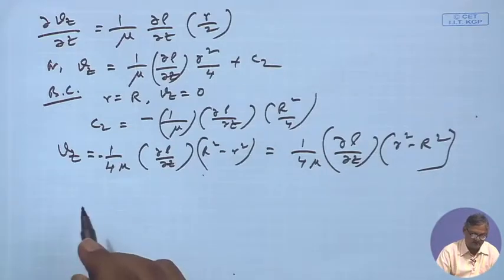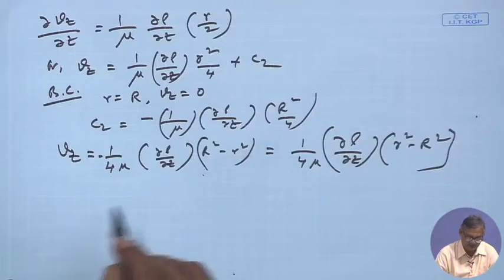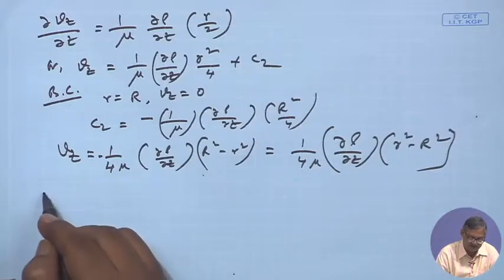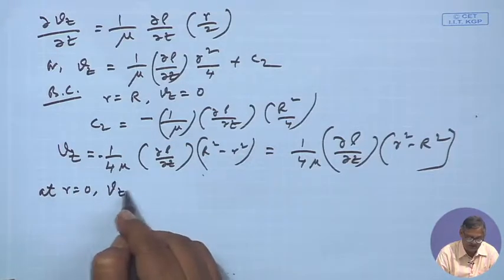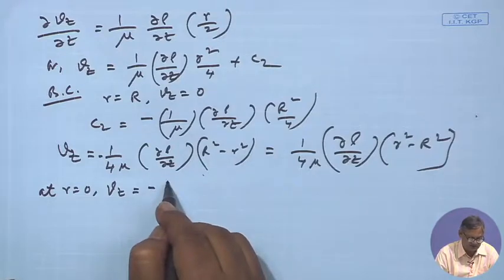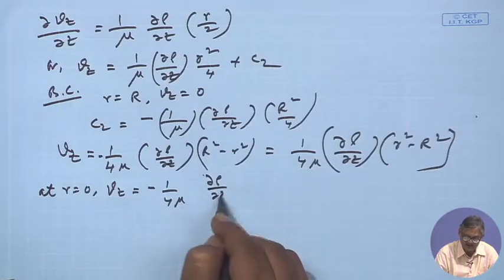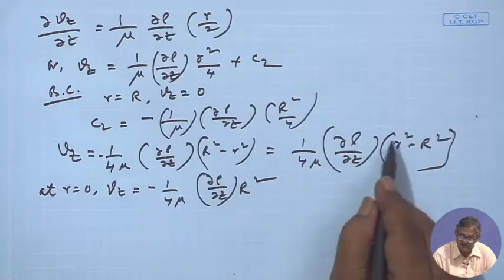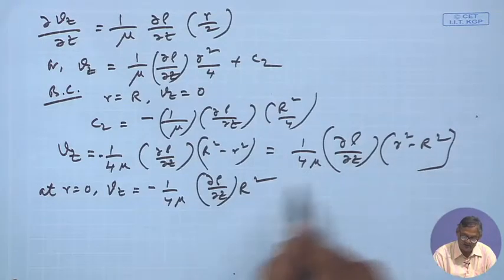So, at r = 0, we can write Vz is equal to minus (1/4μ)(∂P/∂z) R². At r = 0, this minus remains.